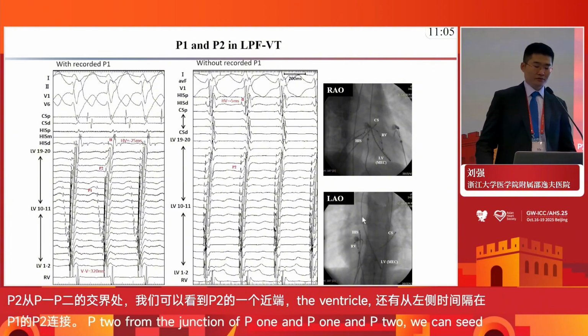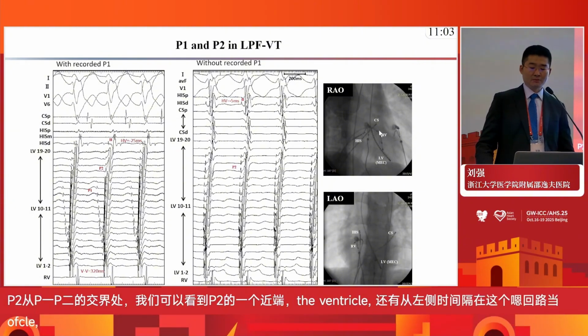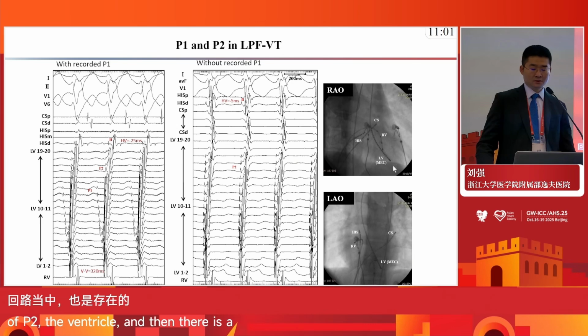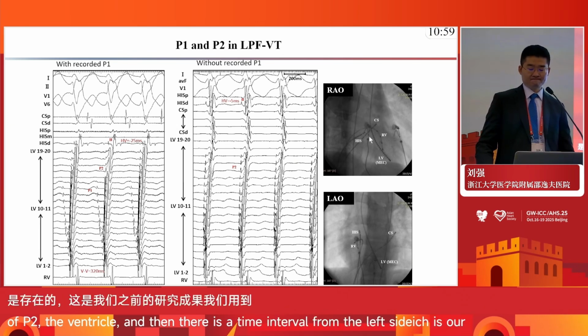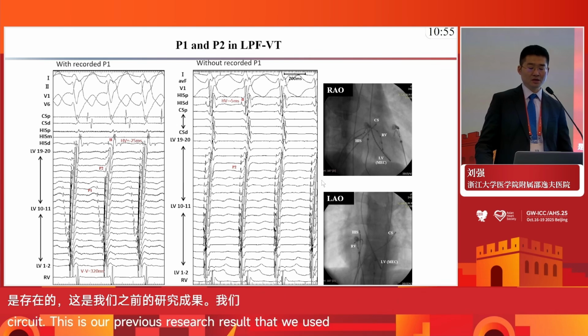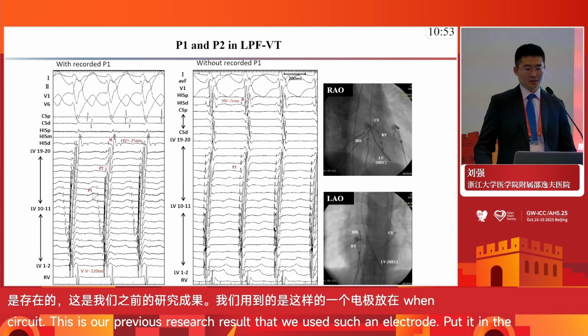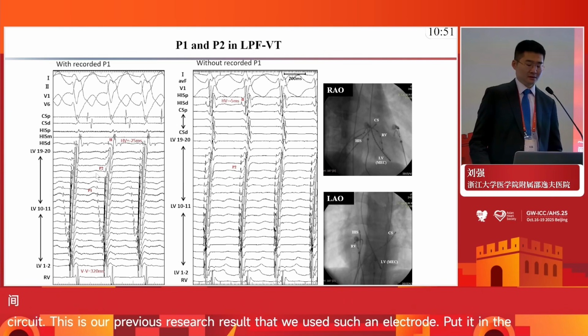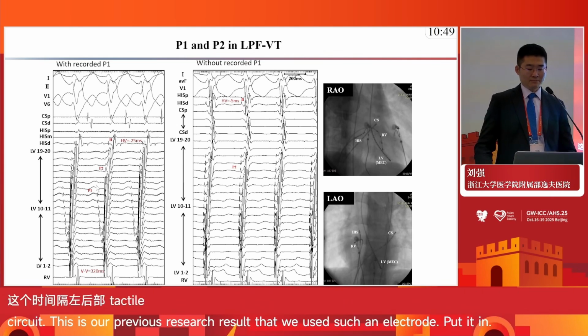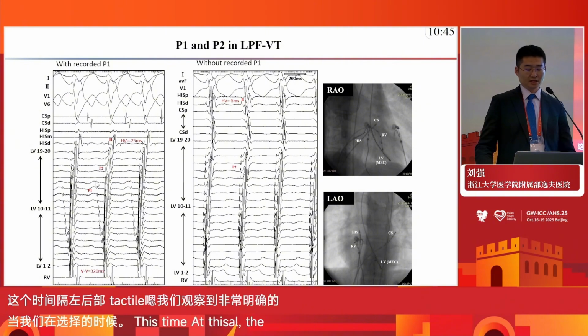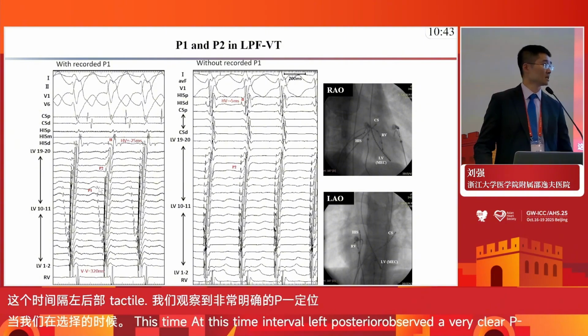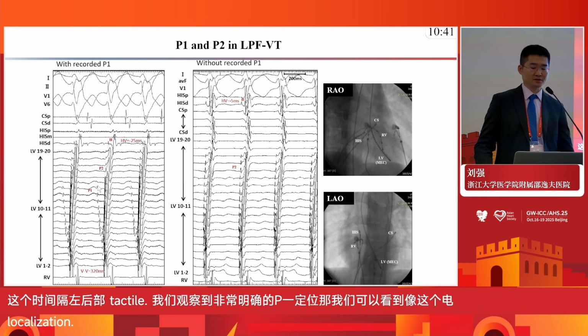This is our previous work. We used a duodecapolar electrode positioned at the left posterior ventricular septum. During tachycardia, a clear P1 potential could be recorded from the duodecapolar electrode in close to 70% of the patients.